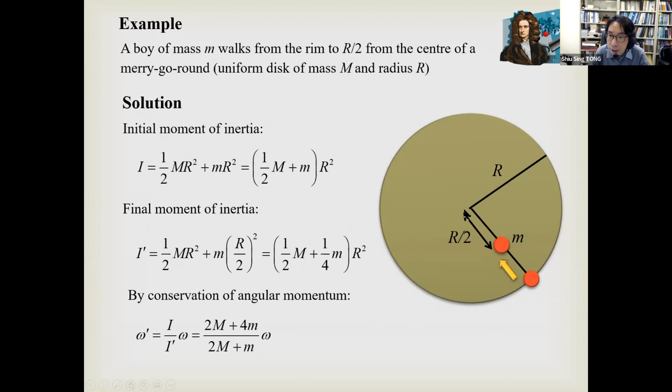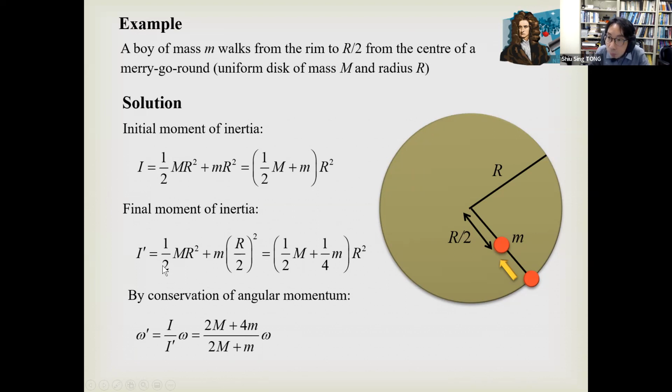So when initially he's at a distance capital R from the center, his moment of inertia is small m R squared. Now the two moments of inertia can be added together because the moment of inertia is a summation of m_i r_i squared. That means if you have two bodies, each contributing to part of the moment of inertia, you can always add up the moments of inertia of the two bodies to get the total. That is always possible. So you have these two added together, resulting in this expression.